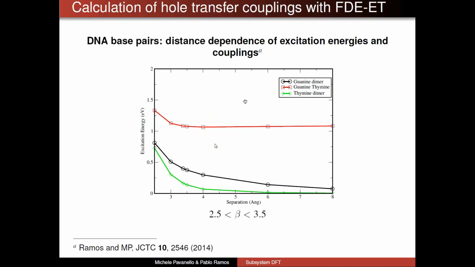Here is an example. If you do not include the bridge states, you get beta values. Beta is essentially how fast your couplings are decaying with distance between donor and acceptor. Typically a beta equal to 3 is typical for a charge transfer through the vacuum.